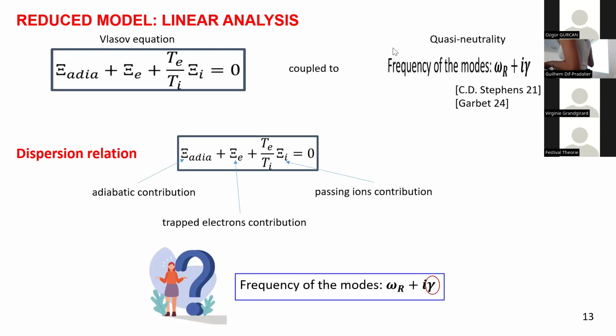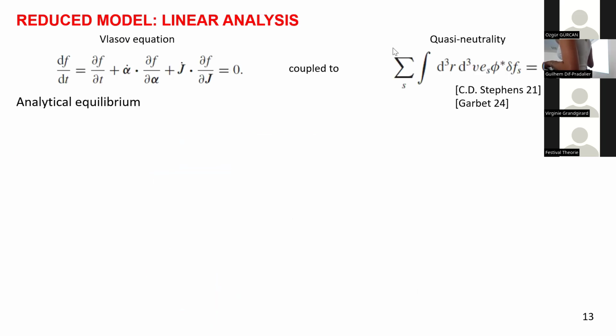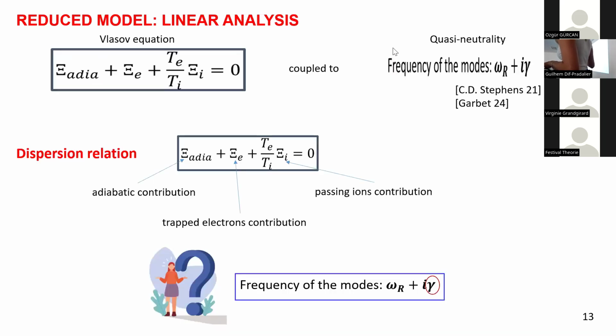Thanks to the Vlasov equation and the quasi-neutrality equation, we get to a dispersion relation, which is the sum of different terms. One is an adiabatic contribution. The second one is a Capelletto contribution that of course will be very important.